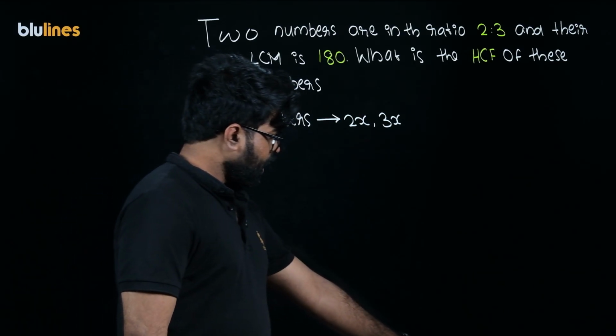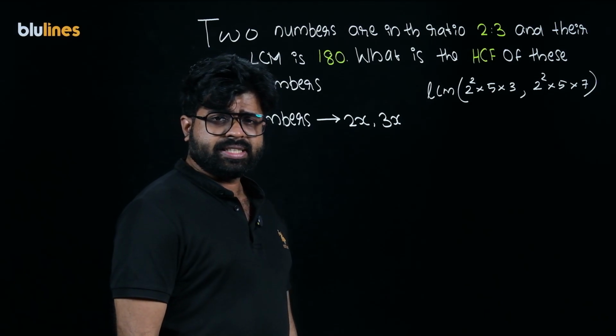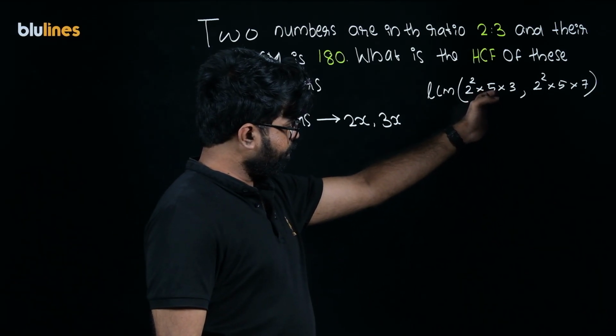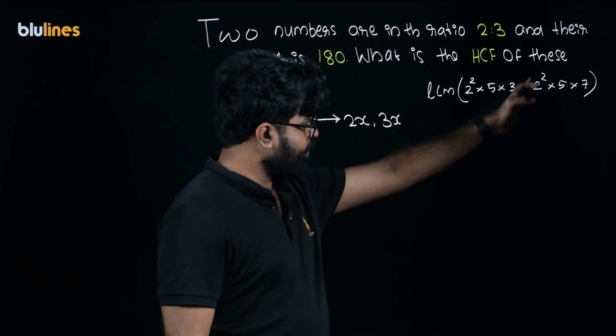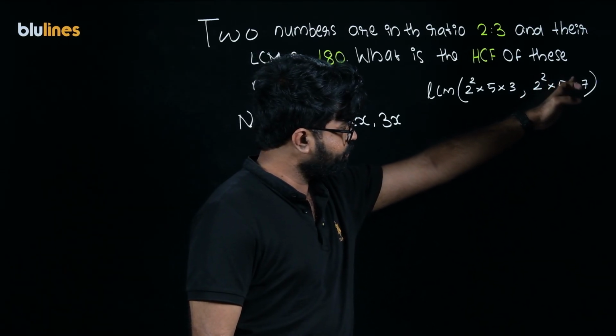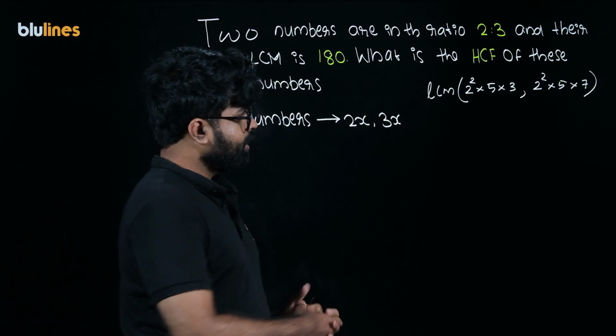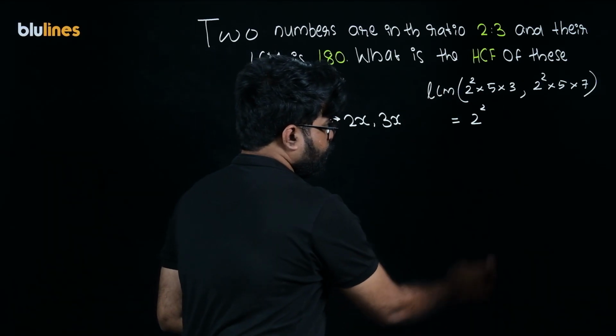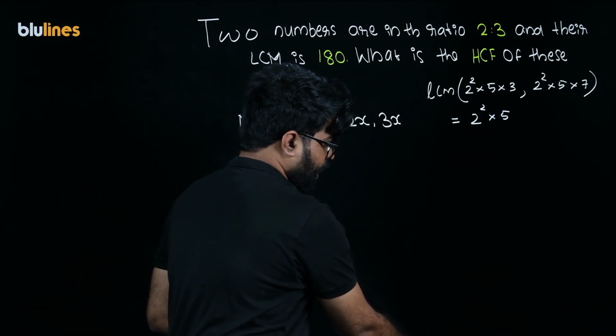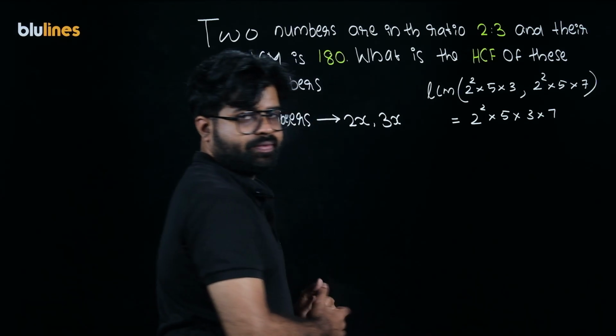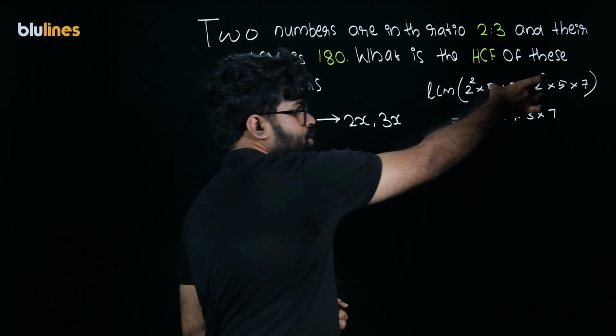Now, we know that to calculate the LCM of 2 square multiplied with 5 multiplied with 3 and 2 square multiplied with 5 multiplied with 7, the LCM of these two terms is equal to 2 square multiplied with 5 multiplied with 3 multiplied with 7. This is the LCM of these two numbers.